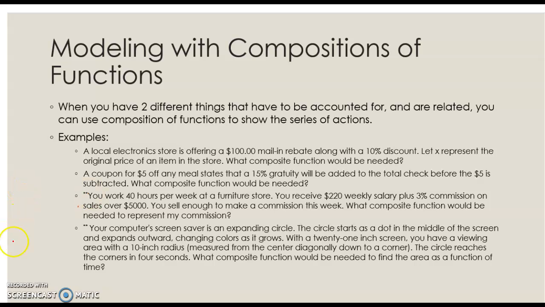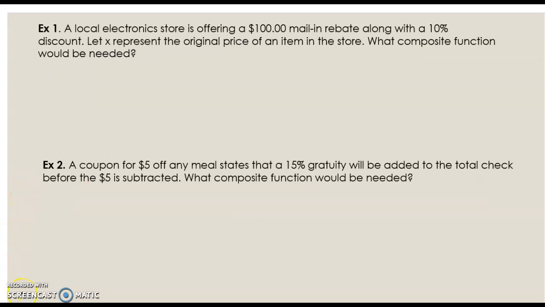All right. Well, here's the type of thing that you're doing. X represents the original price of an item in the store. So if you get a 10% discount, you would take the regular price, which is 1 whole price, minus 10% of the price.